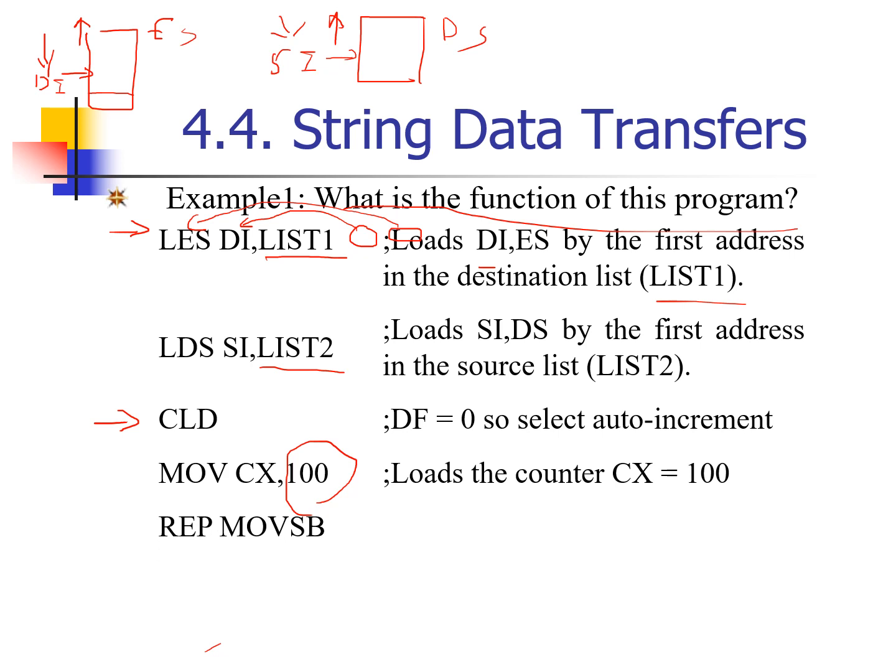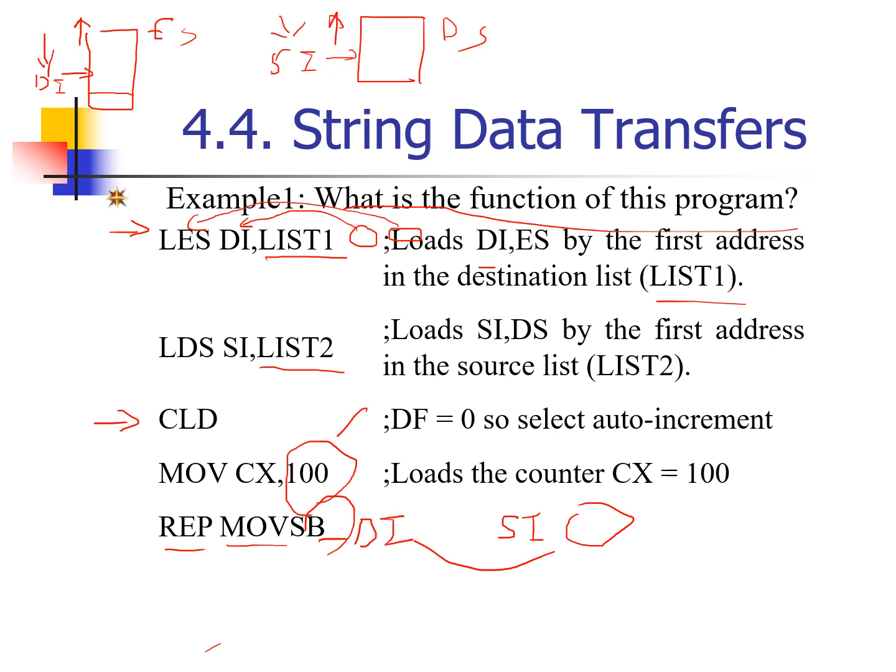Now, REP MOVSB, which means you're going to go to the place pointed to by SI in your source, take a byte, not a word, and move it to your ES, to a location pointed to by DI.